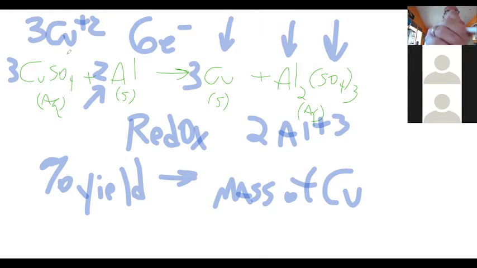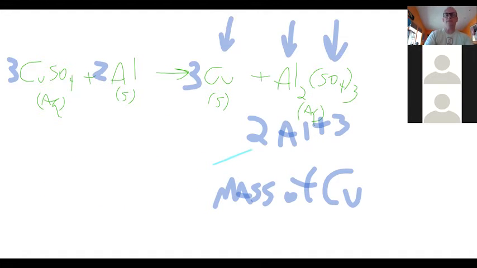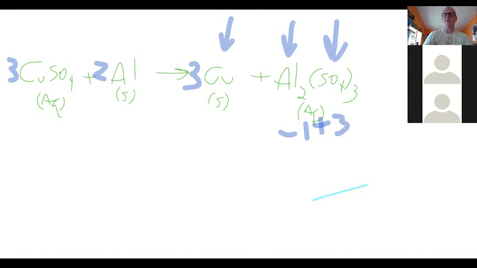So now that we have a balanced reaction, and we've balanced everything, we've balanced the atoms, we've balanced the charge, and we've balanced the electrons. So now we can figure out what our potential yield is going to be. So how are we going to figure that out? How do we figure out our potential yield, or what we call our theoretical yield of aluminum? What do we measure first?